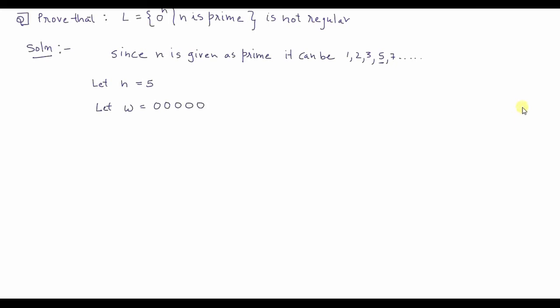Okay. Let w be a valid string such that, as we have seen in the previous example, the length of w should be greater than or equal to n, and in my case here the length of w is equal to n.